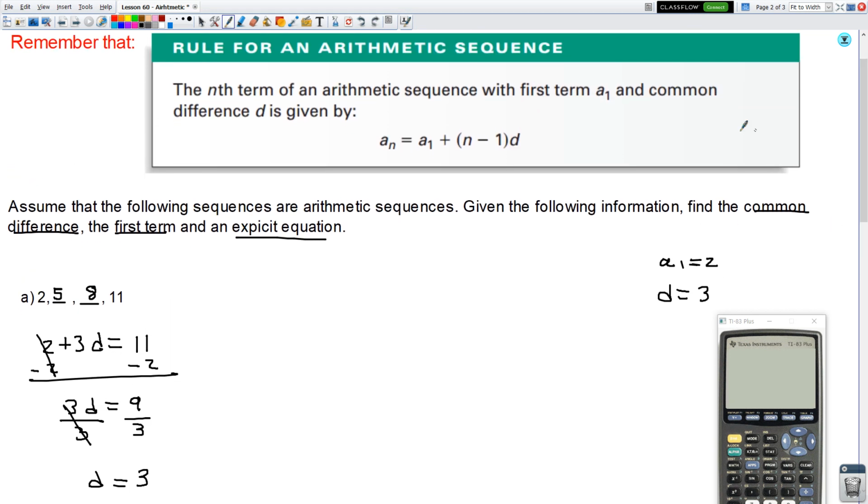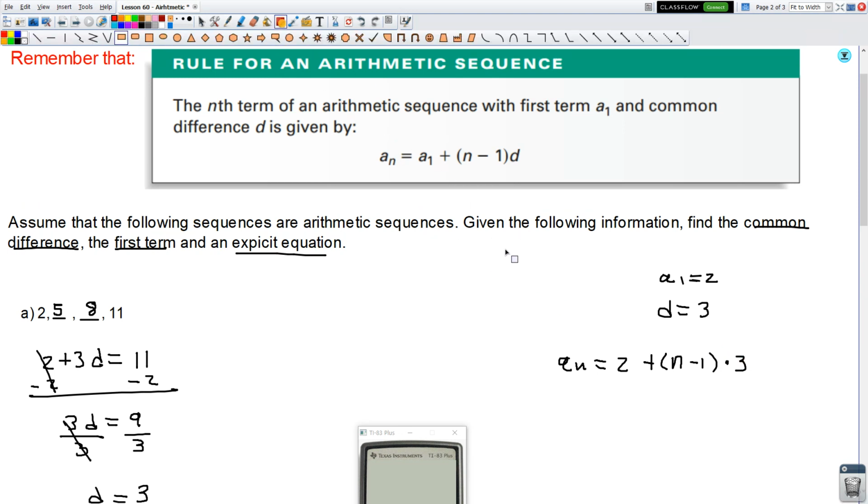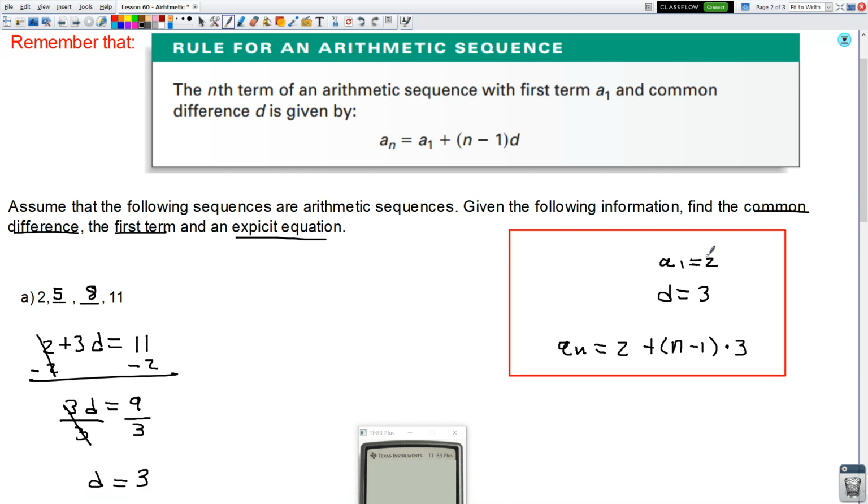The explicit equation has the form an equals a1, which we know is 2, plus, we don't know what n is, so we just leave it as n minus 1 multiplied by the common difference, which we saw to be 3. So here we have found the first term, the common difference, and the explicit equation. So we're done with example A.